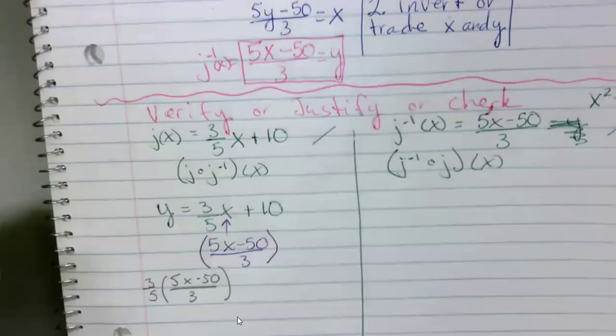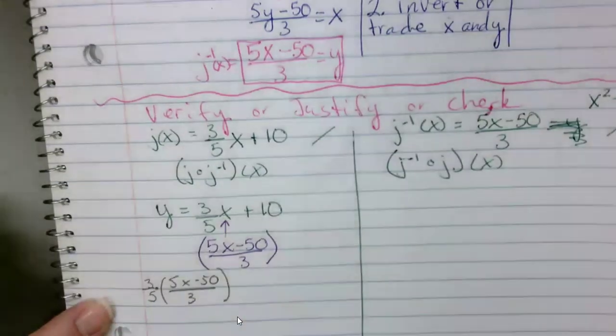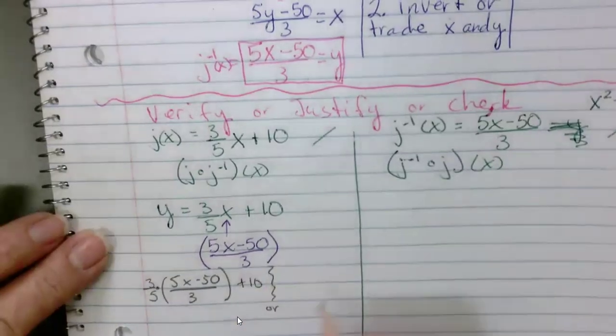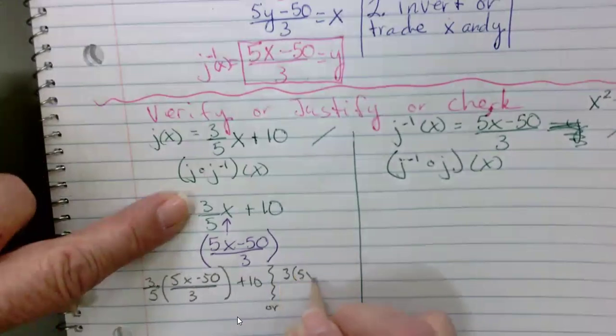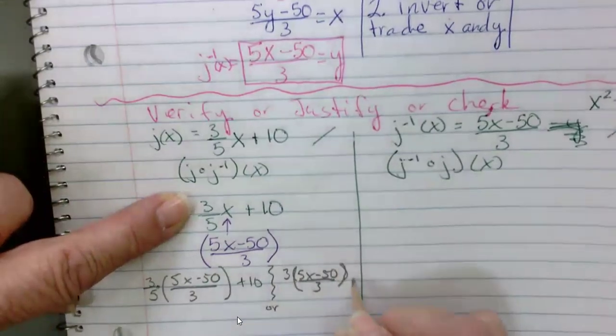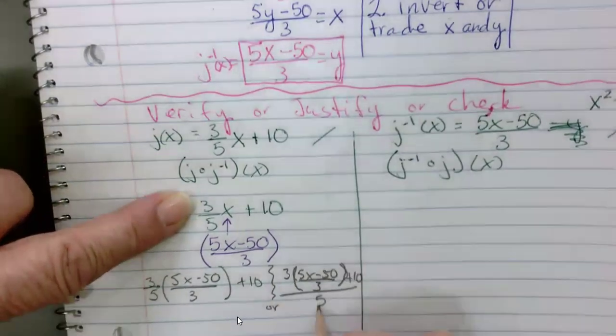Like I can multiply them like that with it outside. And then I'd still have the plus 10. Or I can do 3 times 5x minus 50 over 3 plus 10 all over 5.